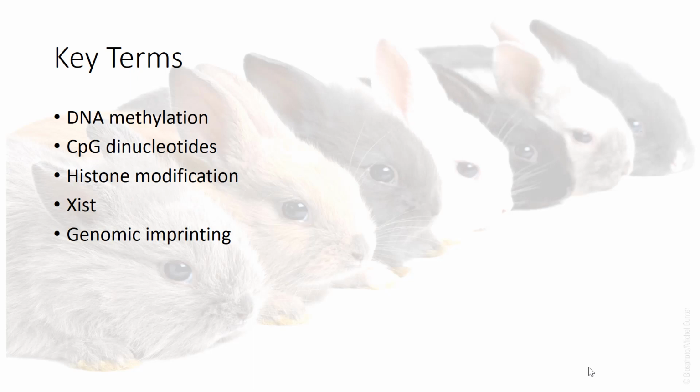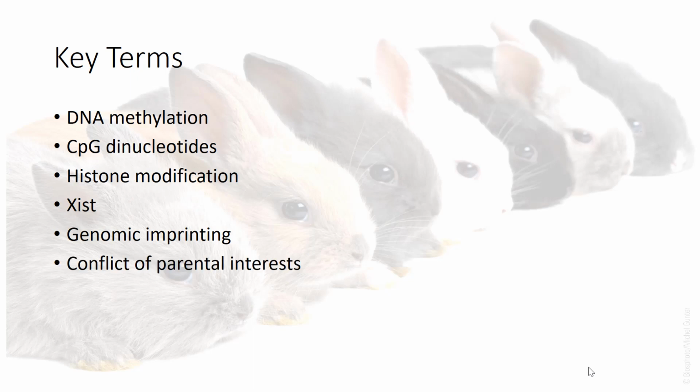Because if you just look at the sequence of bases, there's no way to tell whether it came from the father or the mother. But the cell sometimes needs to know, based on how this gene is going to be expressed. And so the one that came from the father has a specific methylation pattern. The one that came from the mother has a different methylation pattern. And so we call that genomic imprinting. It's very few genes. Again, we'll talk about that in a couple of slides.